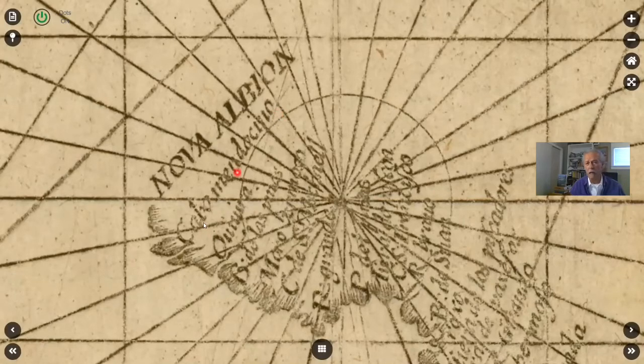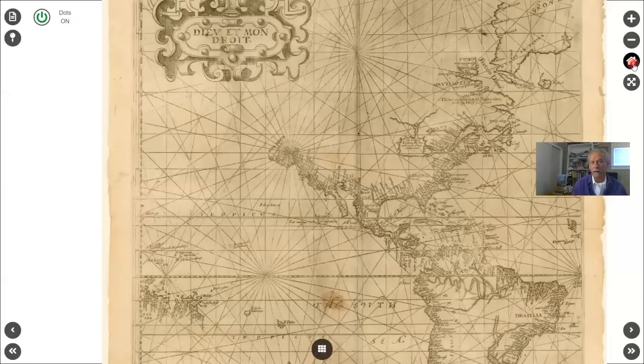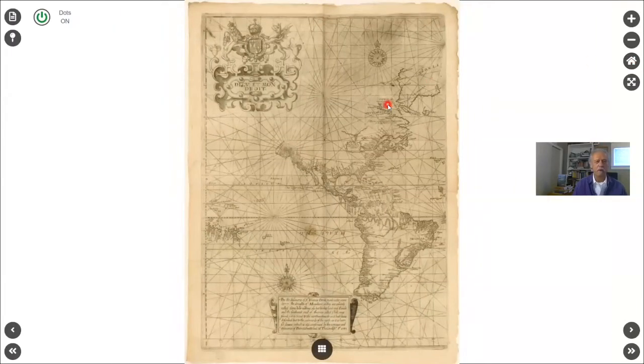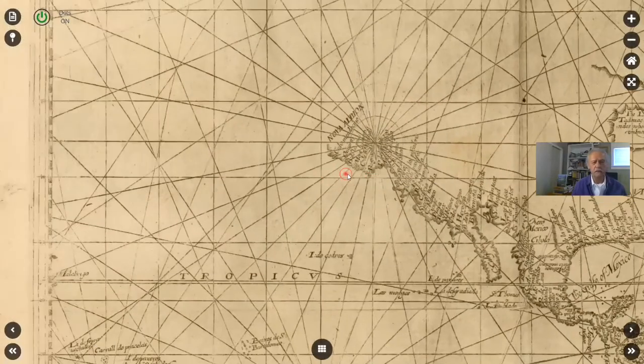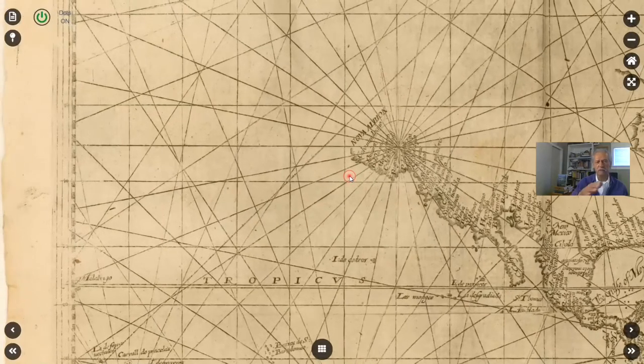Nova Albion, which is what we're looking at here, which is my specific area of research, is the land claimed by Francis Drake. And Nova Albion is a reference to New England, a name of England. And if you notice, it's between 42 and 48 degrees. And you notice it's sort of tilted.